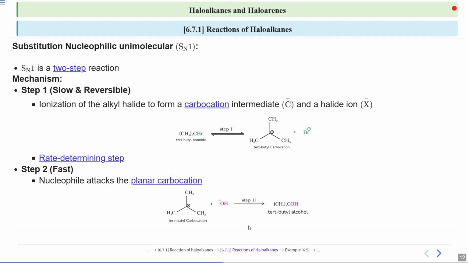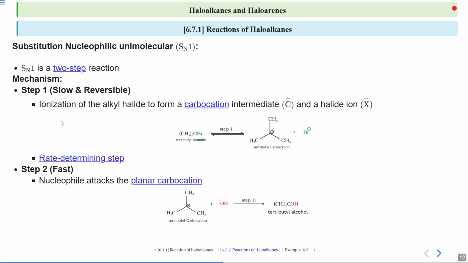Here, after the hydroxyl ion nucleophile attacks this carbocation, you get tertiary butyl alcohol, that is (CH3)3COH. At this tertiary carbon, the hydroxyl group is attached.